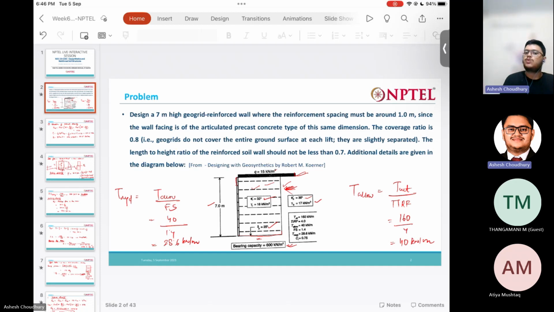Why is the spacing fixed? Because the precast concrete blocks that we're using have a dimension of 1 meter. Due to that, the spacing is also restricted to 1 meter. So this is what is given in the question.